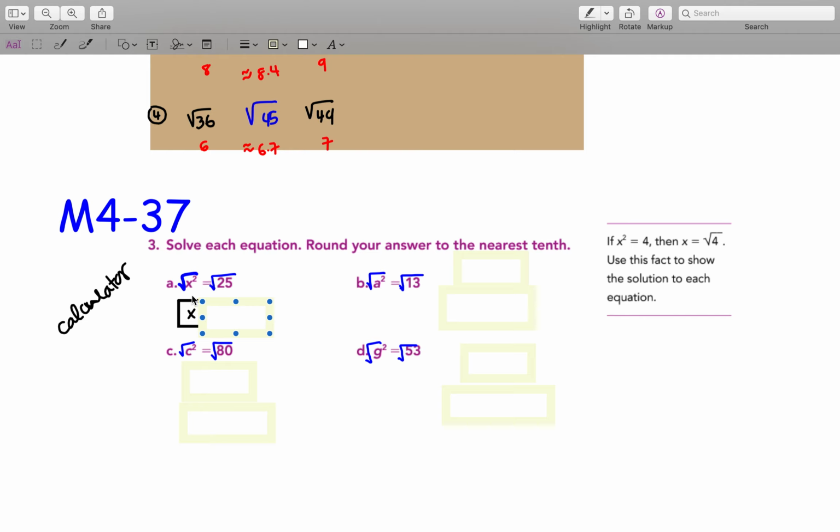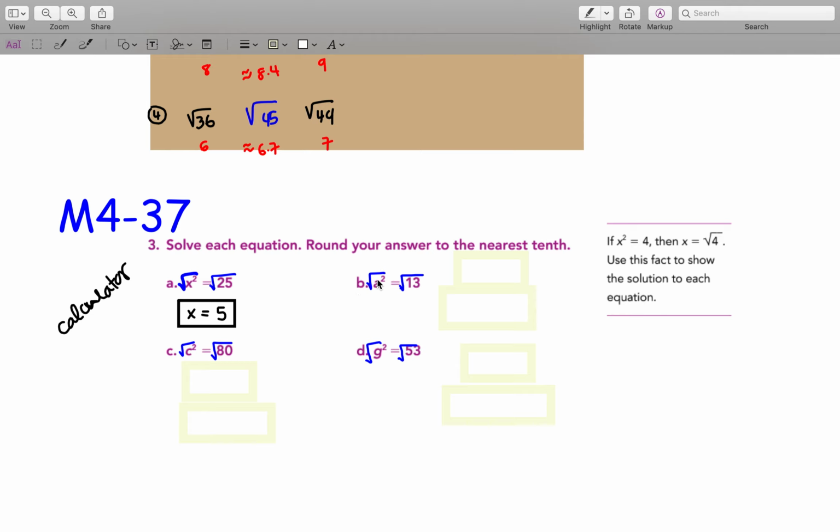Whatever you do to the left side, you have to do the same to the right side to keep them balanced. The square root of 25 is 5, because 5 times 5 is 25. So x is equal to 5. That was easy because it was a perfect square.